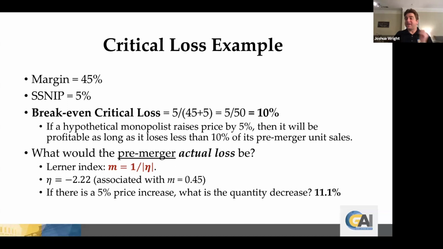So as a matter of theory, I can start calculating things like with a 5% increase, given the elasticity of demand, I can figure out the quantity decrease, right? I know the slope of the demand curve, and I say if I increase 5%, the actual loss is going to be 11.1, right? Greater than the break-even critical loss, right? And it gives you sort of a rough sense of what people do with critical and actual loss.